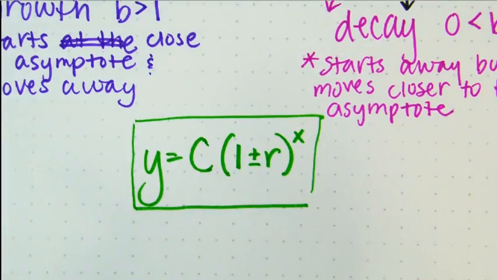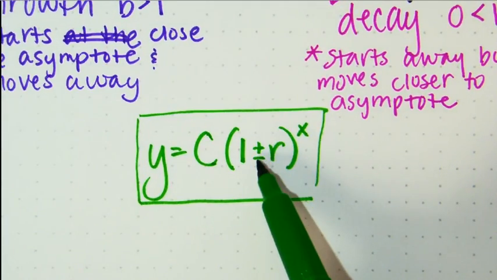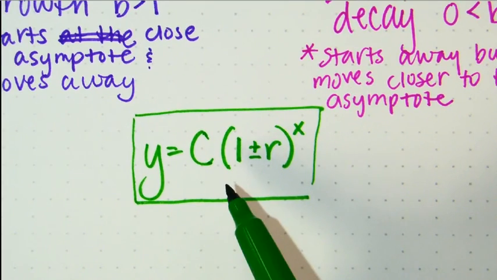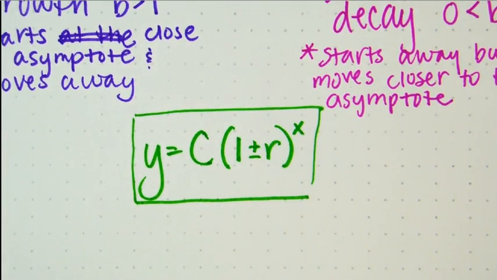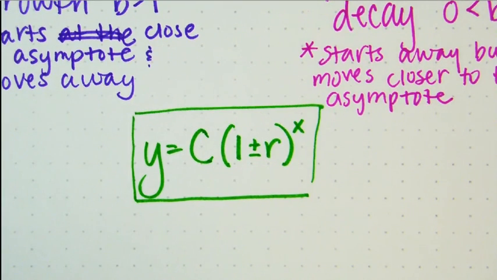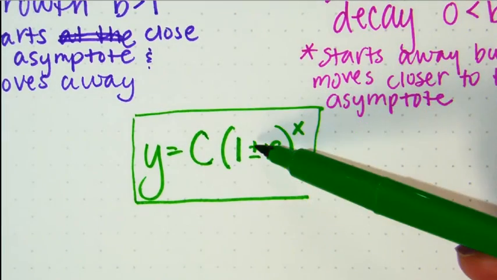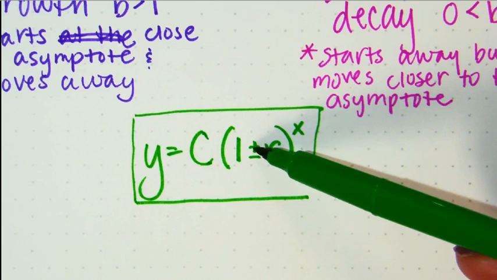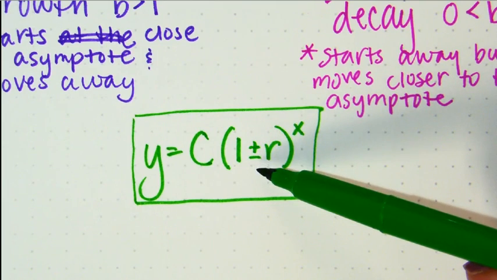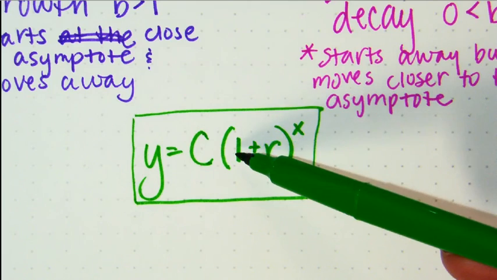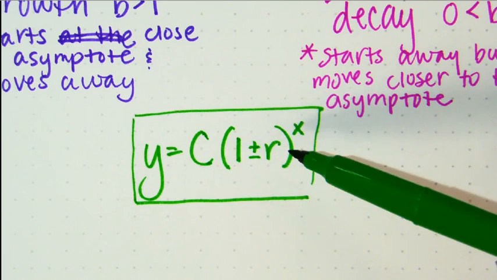So this plus and minus, you guys have seen that before, right? With square roots, they put the plus and minus in the front of it. If you haven't seen this before, what that means is it could be plus, it could be minus. So this is saying I could have 1 plus r or 1 minus r.